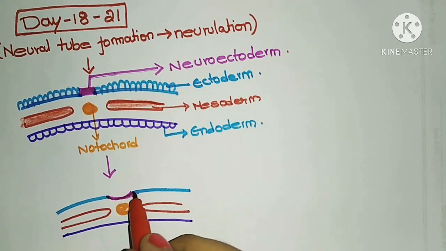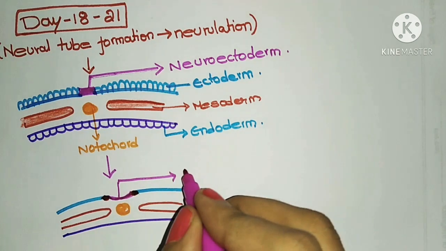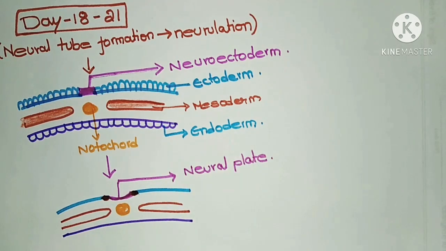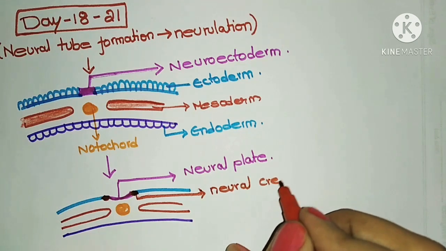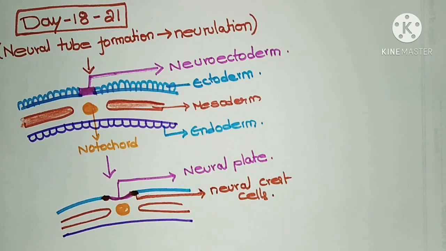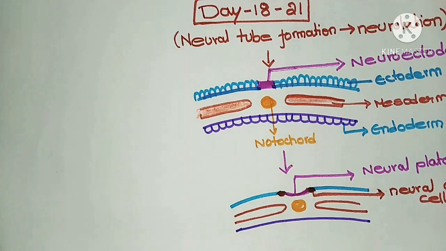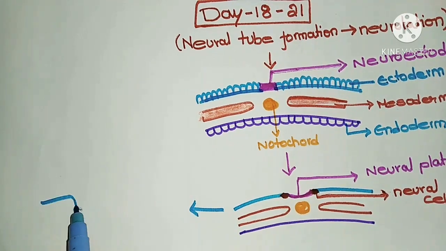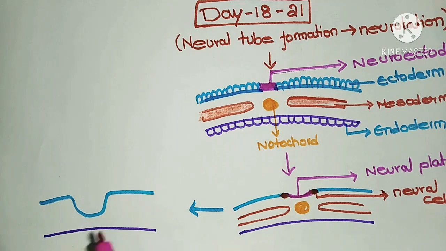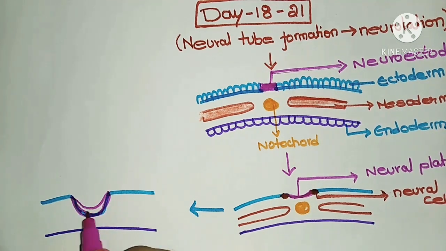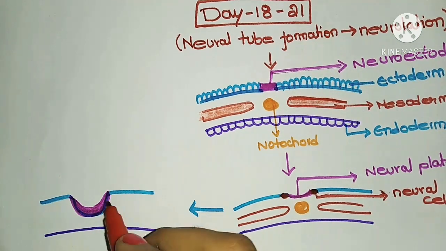Under the inductive effect of the notochord, the neuroectoderm soon becomes thickened to form the neural plate. These neural crest cells are specialized cells which will form several structures later in life. Now the neural groove and the folds will be formed in the neural plate by forming a depression in the midline.